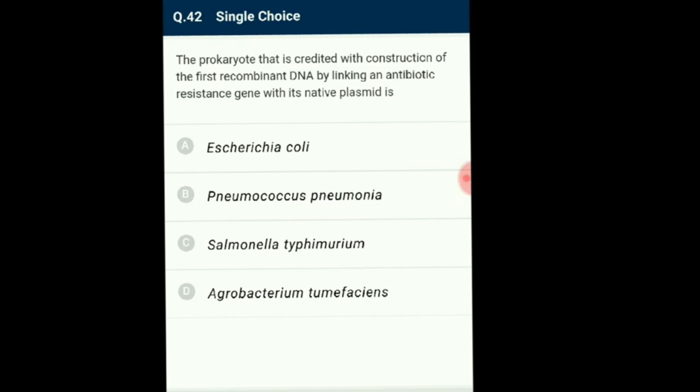The construction of the first recombinant DNA by linking a gene encoding antibiotic resistance with a native plasmid of Salmonella typhimurium was accomplished in 1972 by Stanley Cohen and Herbert Boyer.